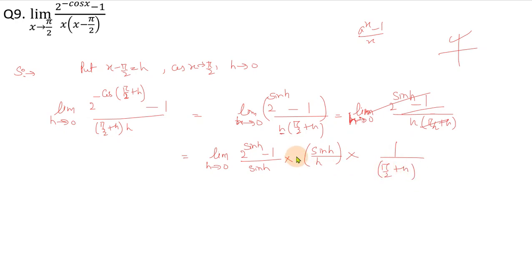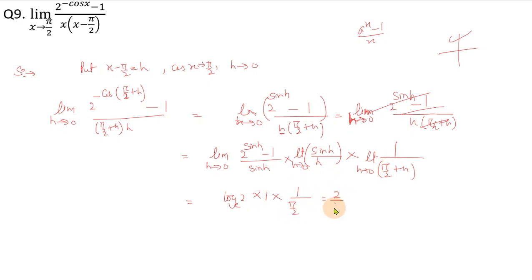Now applying limits to all these terms, as limit h approaches to 0. The first term reduces to log of 2 base e. This term sin h upon h is 1 and this is 1 upon pi by 2, as h approaches to 0.